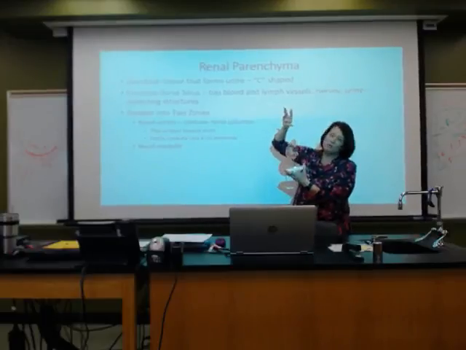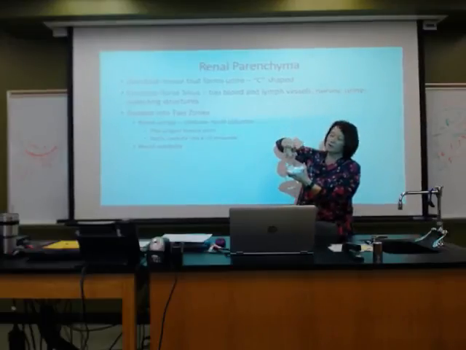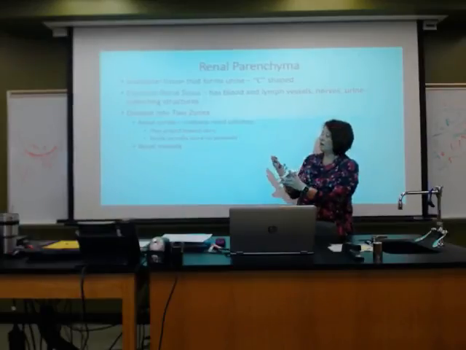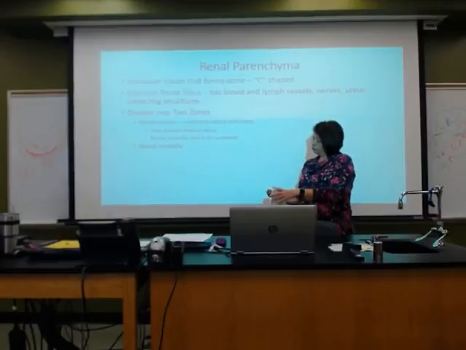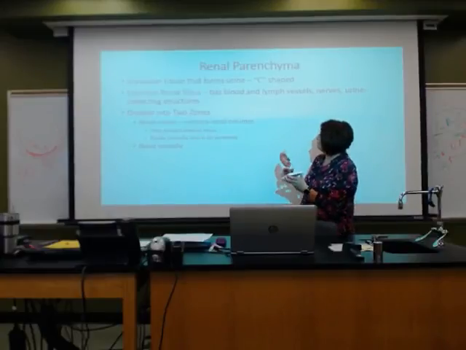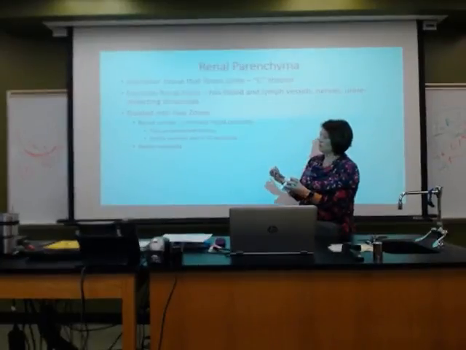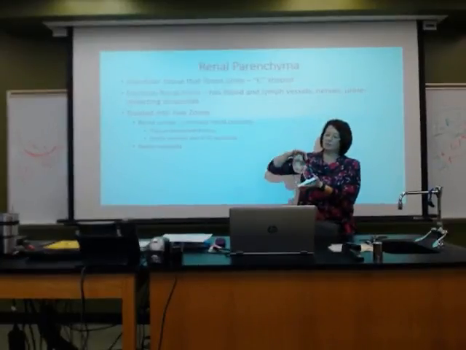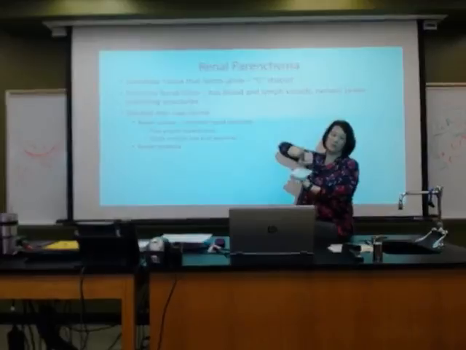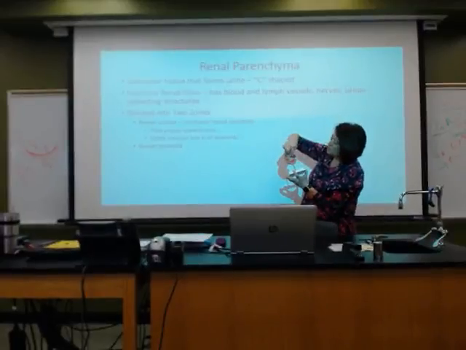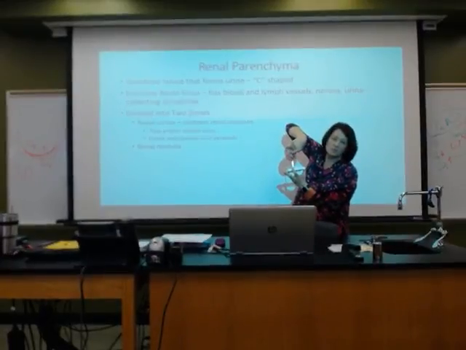The ones that are being represented on ours are the blood and the ureter. I don't really see the lymph and the nerves. So they're representing our blood supply and then the ureter. So this would be the area of that renal sinus.